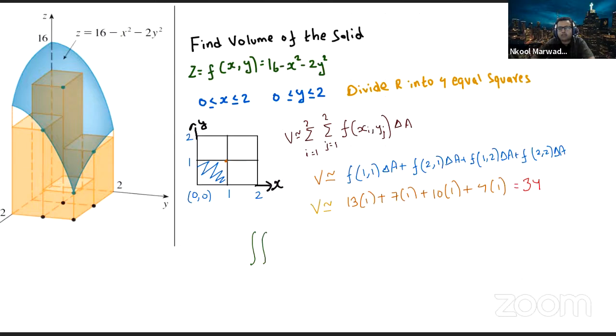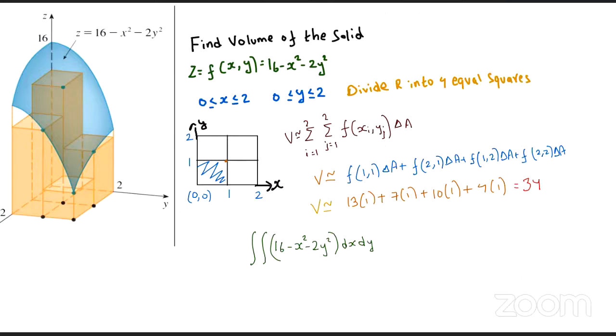F of x, y dx dy. So f of x is 16 minus x square minus 2y. Straight away do dx dy. Now, whatever order you do, it is fine.